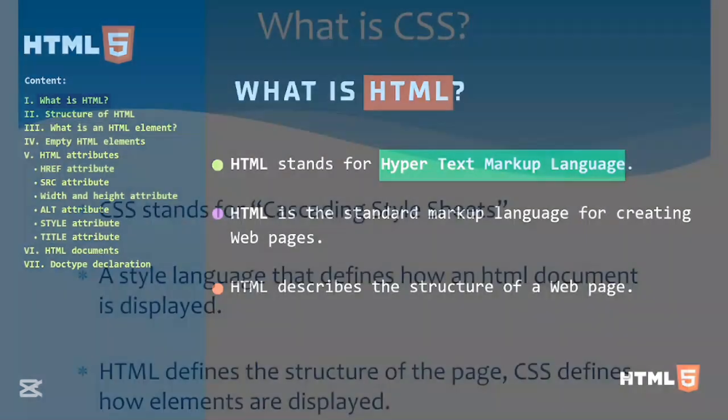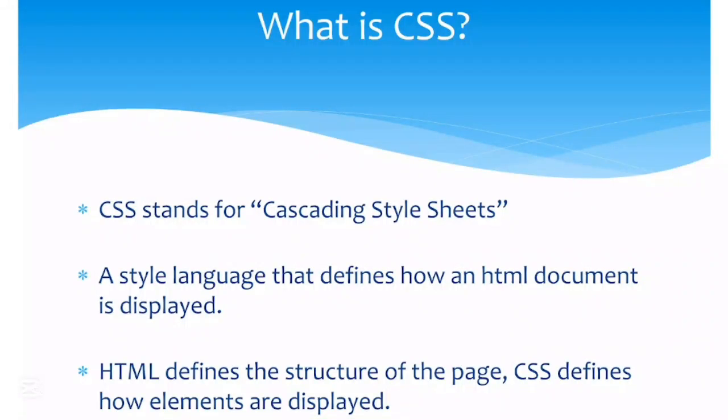Then we have the CSS, which stands for Cascading Style Sheets, a style language that defines how an HTML document is displayed. So the HTML has a structure while the CSS styles it. HTML is made up of pure structure, no styling at all. That is when CSS comes in. Then we have the JavaScript.